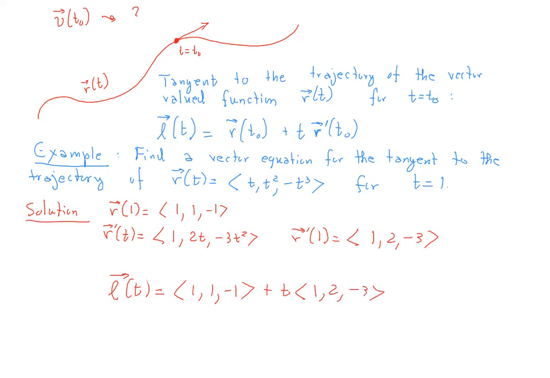Now, one should say something interesting: you're going to get an actual line if and only if the tangent vector that you find is non-zero. We assume that this is going to be the case, but one could ask, what happens when the tangent vector is 0?